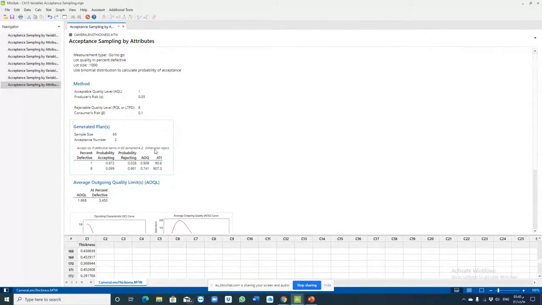Otherwise, you reject that lot, and all the values that you enter to verify them are summarized in this table. So this is how we do the analysis using Minitab.